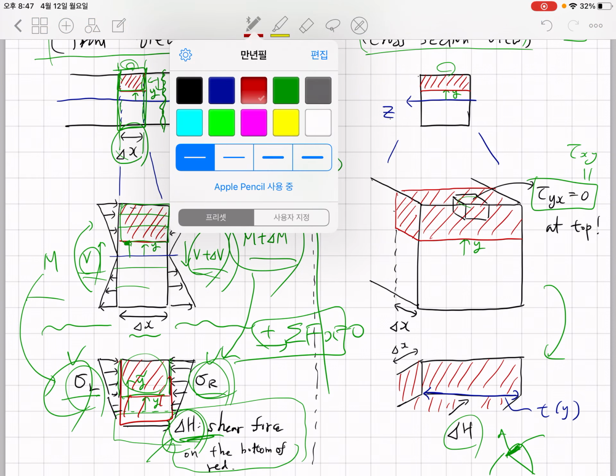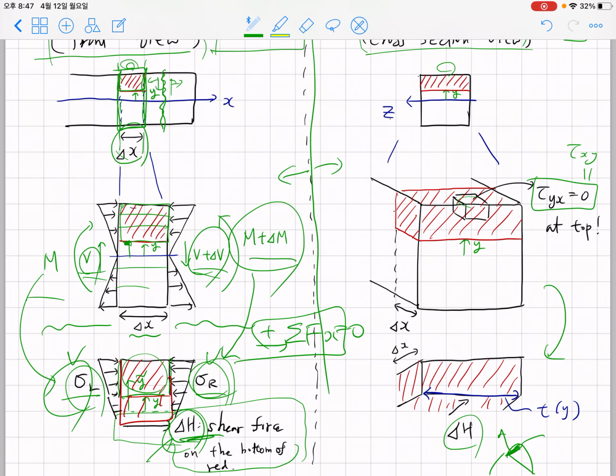When you do the integration, because our area of interest is this much, you have to integrate over the area which is larger than the y point. Here I take this variable as y tilde because I want to say y is a fixed point, because I'm interested in shear force at fixed point y.